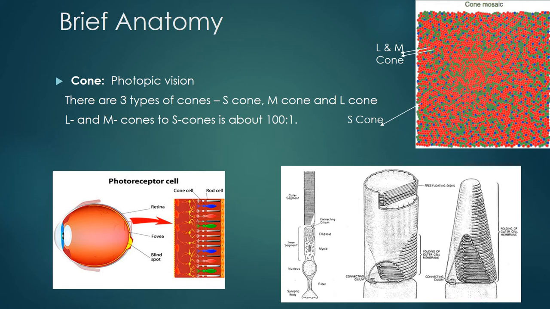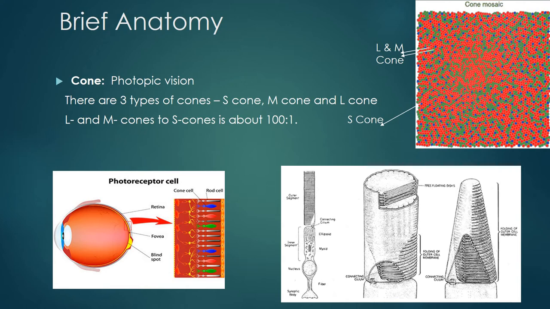Cones can be divided into S cones, M cones and L cones. They get these names depending on their responsiveness to different wavelengths: smaller, medium and longer wavelengths.